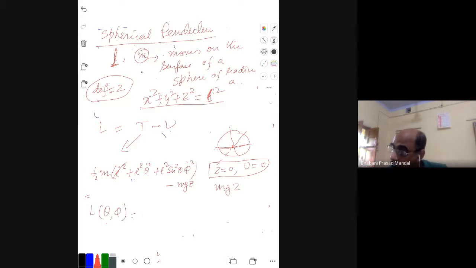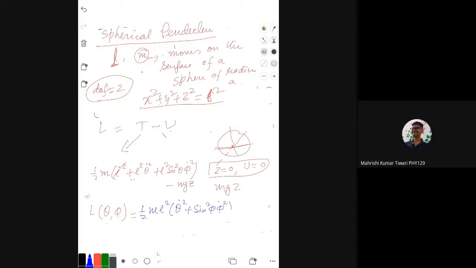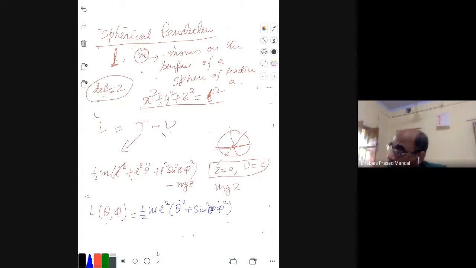Okay. So this will be half m L square, you can take common, half m L square theta dot square plus sine square theta phi dot square, minus mgL cos theta, since z equal to L cos theta.